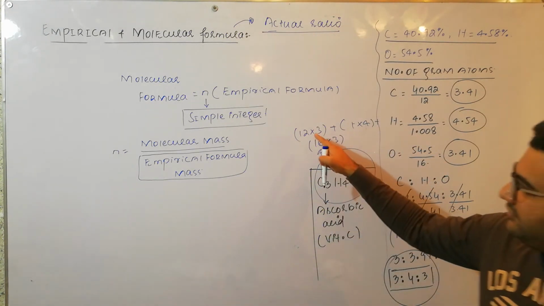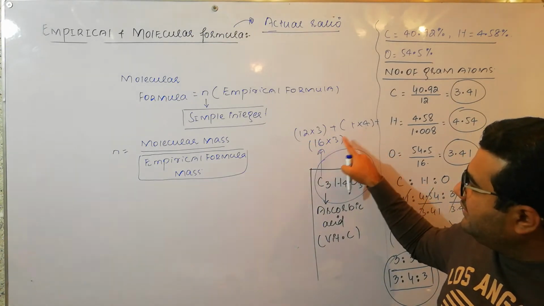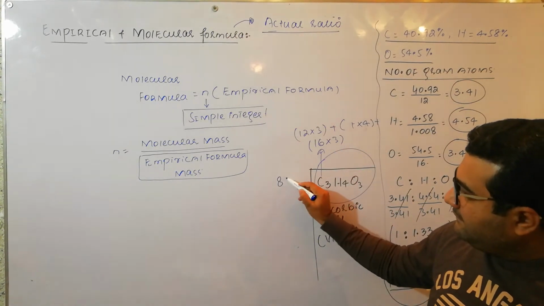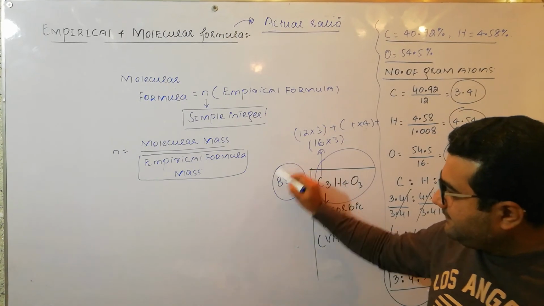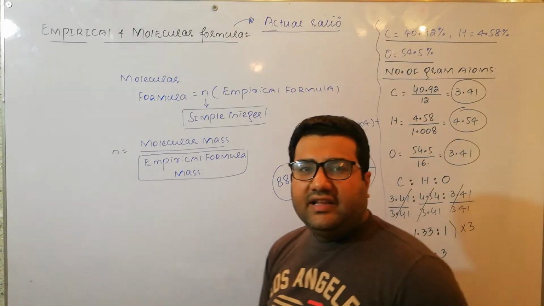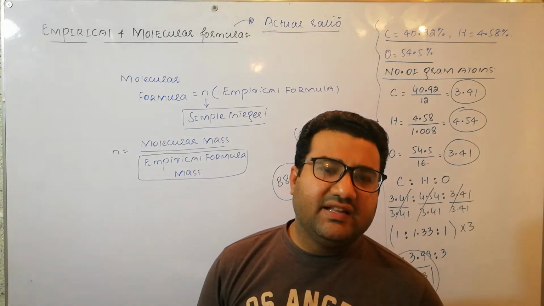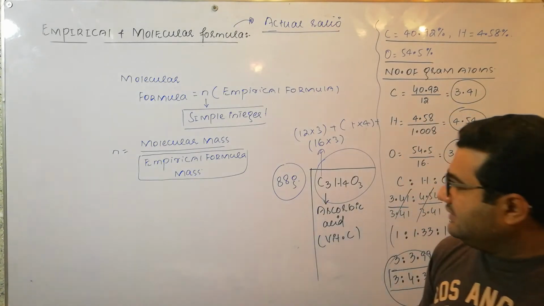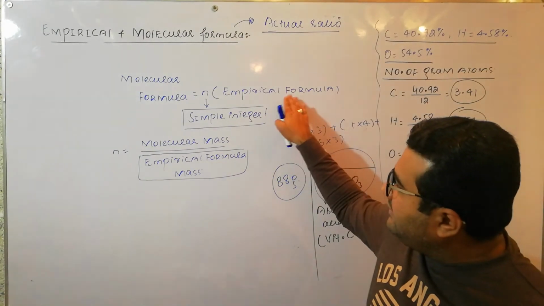So 12 into 3, that will be 36, plus 4, 40, plus 48. That will be 88 grams. So 88 grams per mole is the empirical formula mass of ascorbic acid. Empirical formula mass is with us. We already know the empirical formula.